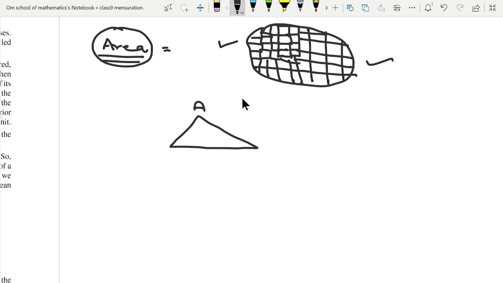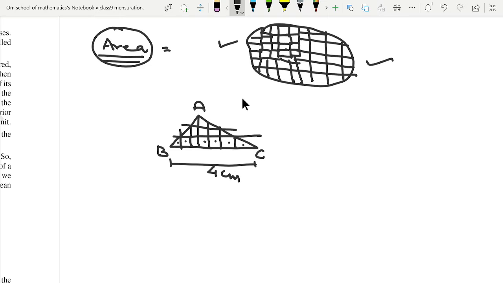Let's suppose this side is 4 centimeters and this is 3, and this is 5. Suppose the base is 7, and the height is 3.